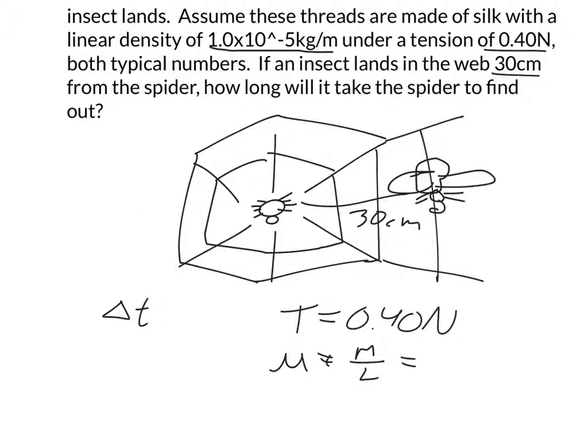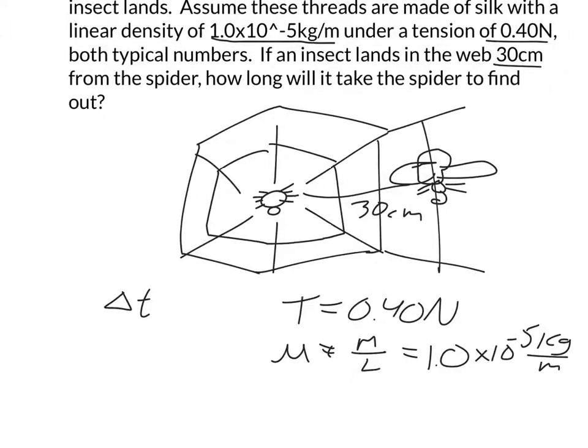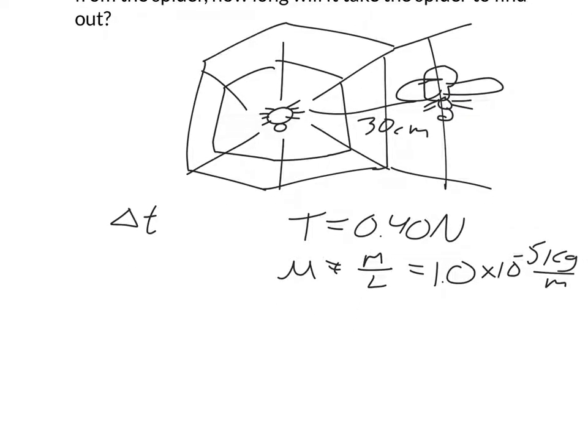We know the ratio, which is 1 times 10 to the minus 5. So, well, we know the velocity here. The velocity of waves that travel through strings is equal to the square root of the tension divided by the linear density.